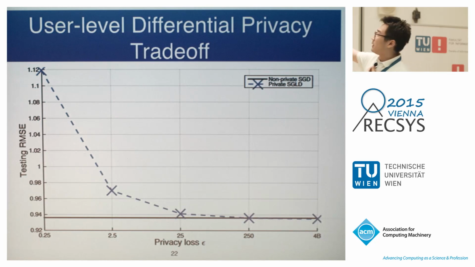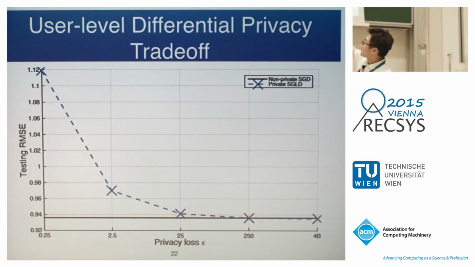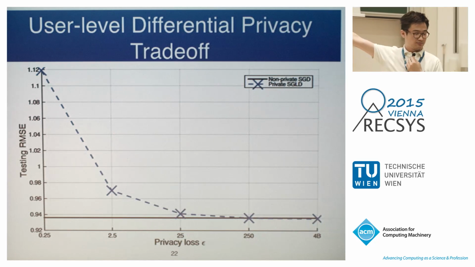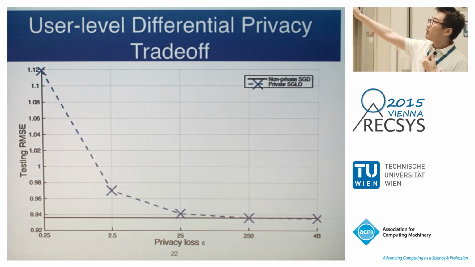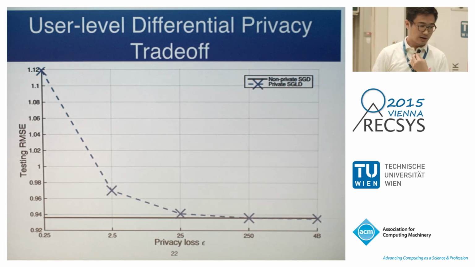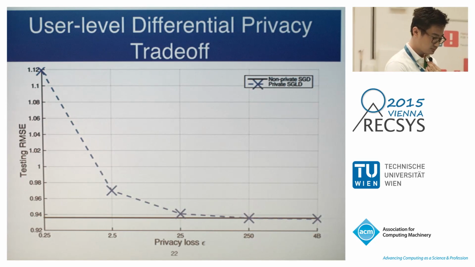So for rating-level privacy, our algorithm can get very good accuracy and have a very strong guarantee about the privacy loss.